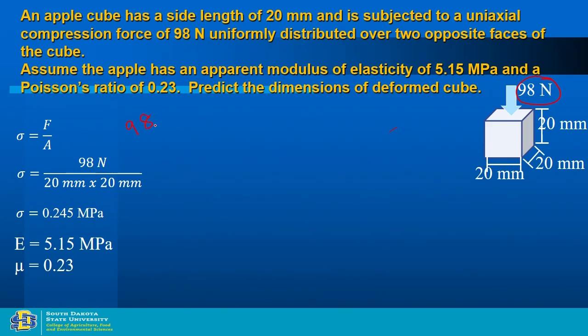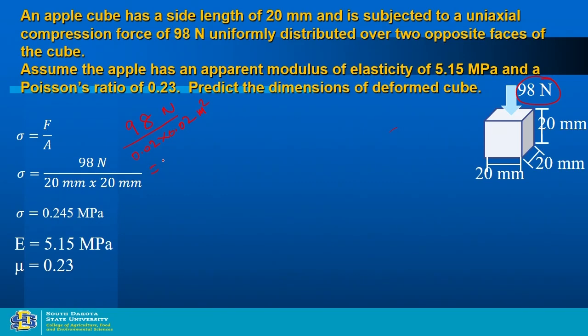So 98 divided by 0.02 times 0.02, in Newton per meter square, Pascal.